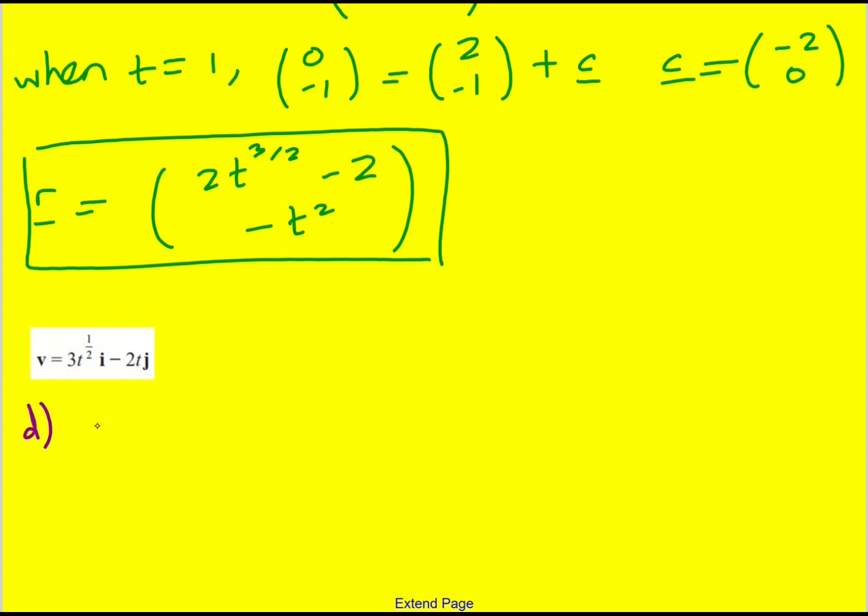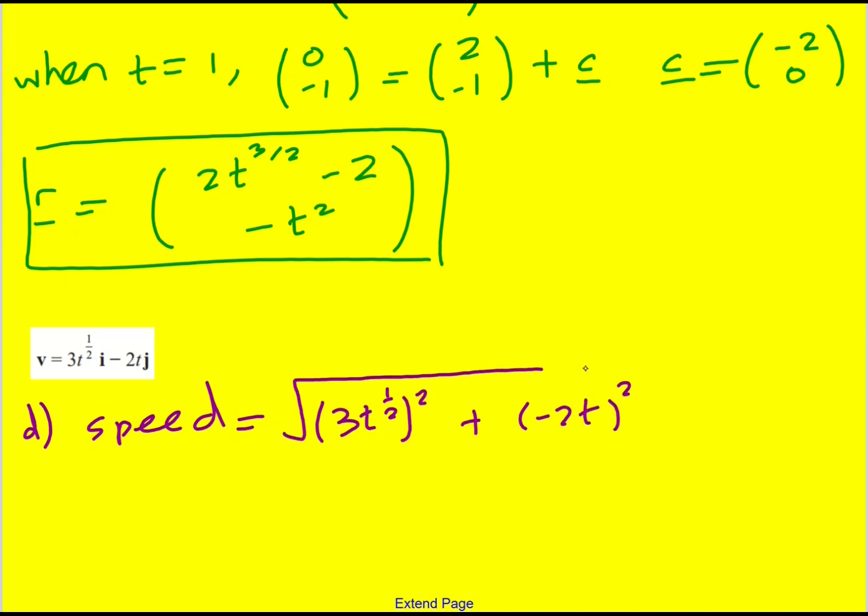So the speed is going to equal the square root of 3t to the half squared, using Pythagoras here, plus minus 2t squared, and that's equal to 10. So actually I can just square both sides and also expand the bracket.